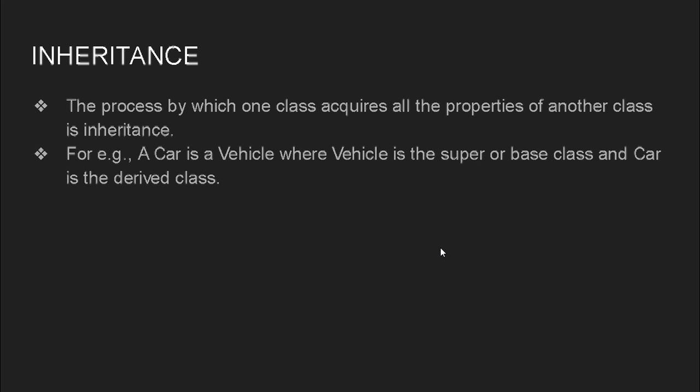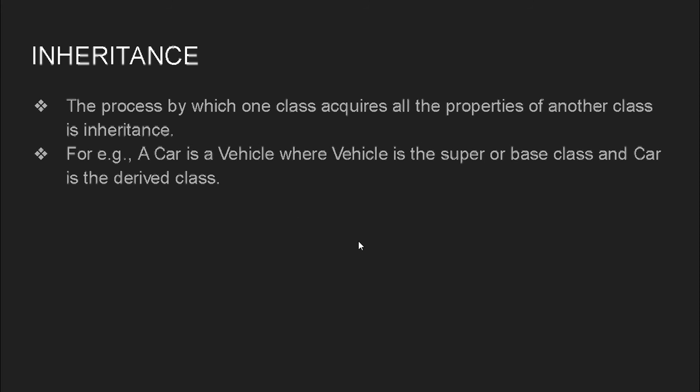Then inheritance. So what is inheritance? Inheritance is the process by which one class is able to acquire all the properties of another class. That is what inheritance is all about. For example, here I mentioned that car is a vehicle. Here vehicle is the base class or the super class, the parent class you can say, and car is the child class.